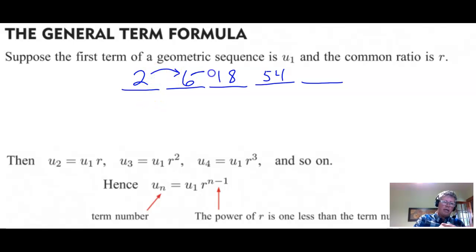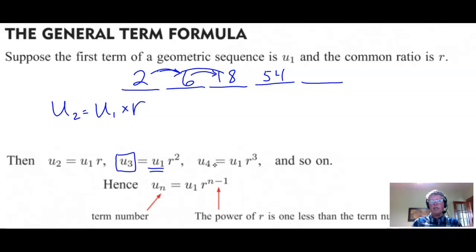If I go from here to here, I multiply by 3. So basically, to find the second term, I started with the first term and multiplied by r. To find the third term, I start with the first term and I multiply it by 3 once and twice. So it's r squared. To get to the fourth term, and so forth and so on.